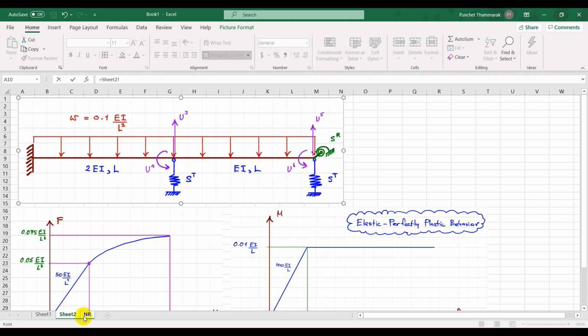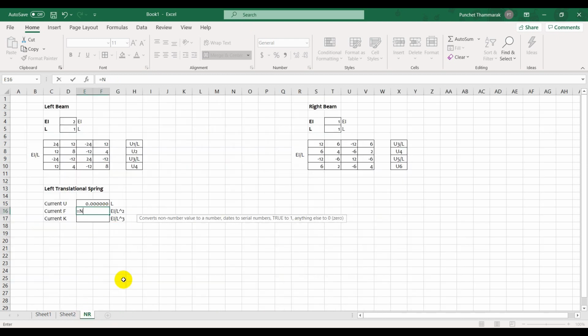We have minus 18750 multiplied by U over L square.